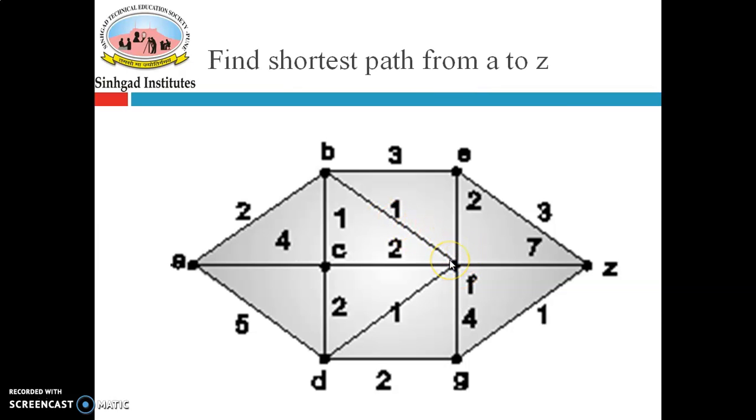You have to find the shortest path between A and Z using the discrete shortest path algorithm. It will provide the shortest distances between each vertex of the graph along with the destination vertex.